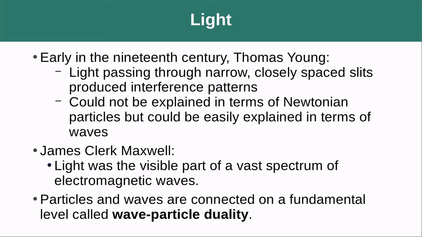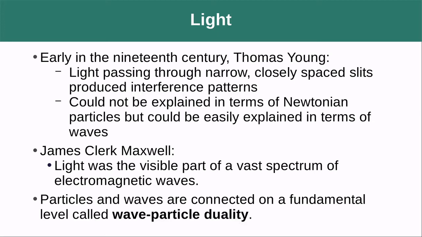After that, we had some early experiments. Thomas Young started passing light through very narrow slits and noticing the interference patterns that were happening. This made him start to question Newton's ideas, because while we didn't have any good math to decide why these interference patterns would happen with particles, it does fit very nicely into the theory we had about waves and how they propagate.